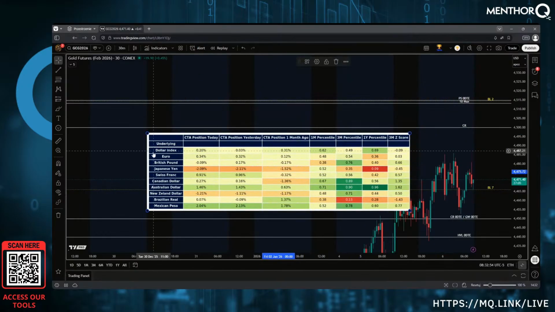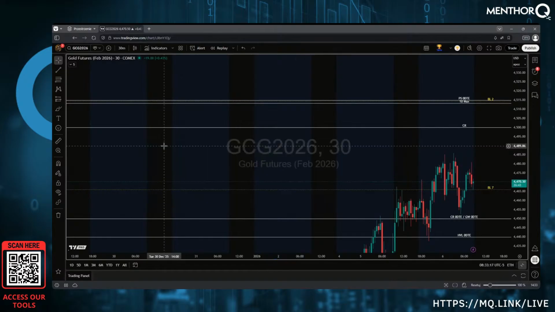Because gold is priced in dollars, so this is also important for us because they are connected to each other. Dollar index right now is adding to the long positions, so not so good for gold. Why? Because usually, I repeat, usually when the dollar index is growing, gold is dropping.